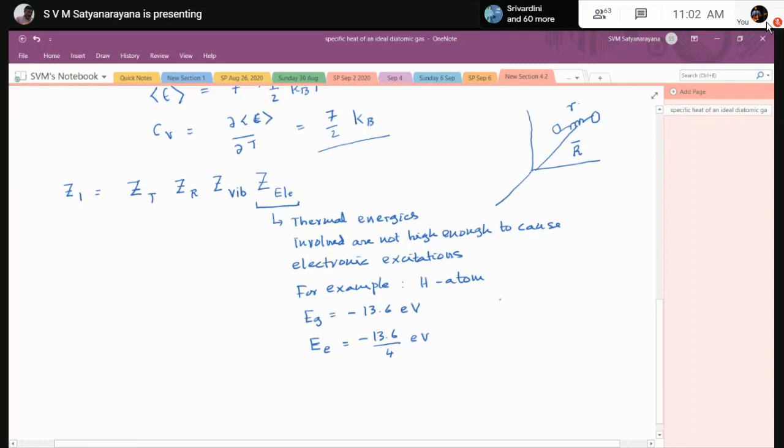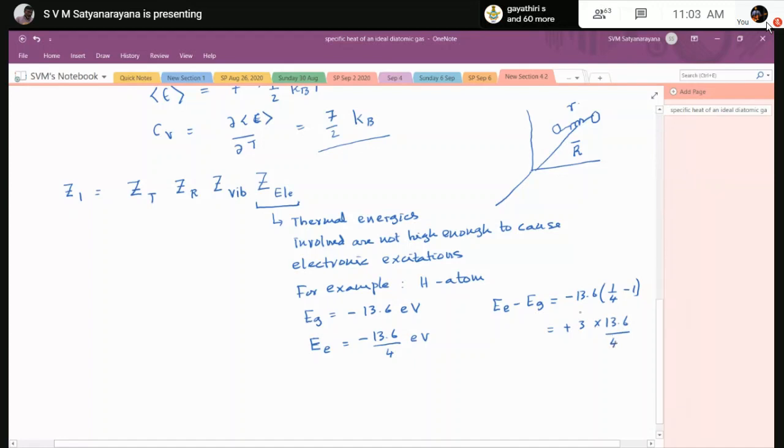So the difference, E excited minus E ground, is equal to minus 13.6 into 1 by 4 minus minus 1, which is equal to plus 3 into 13.6 divided by 4.